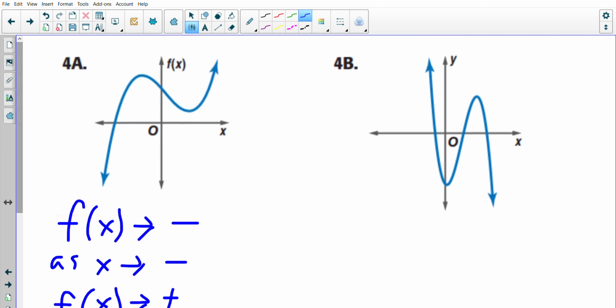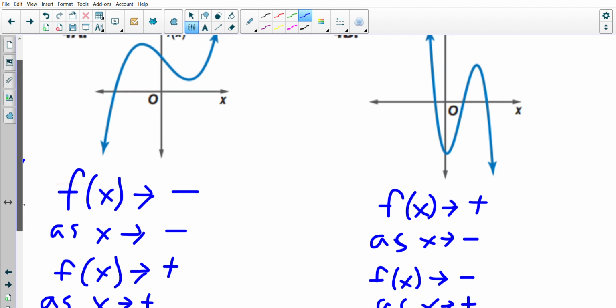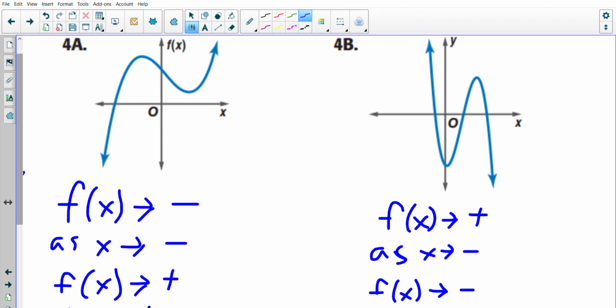I'm literally just following the graph. I have the graph next to me, it's very easy to follow. I'm just looking for similar shapes. For this one, f of x goes to positive as x goes to negative, and f of x goes to negative as x goes to positive. So follow that chart, okay? You start to understand how these work.